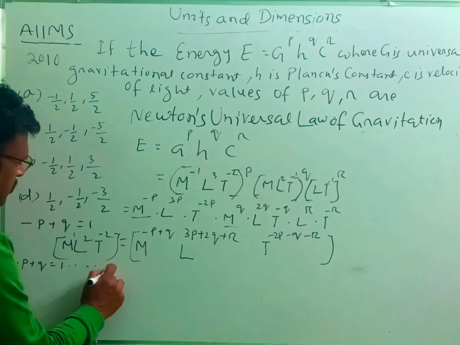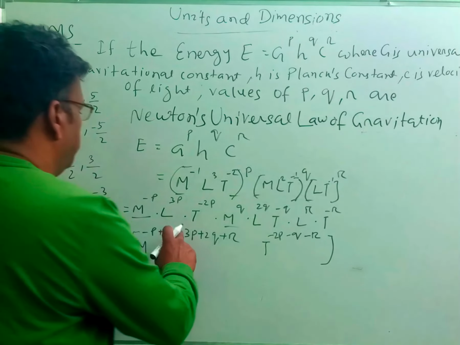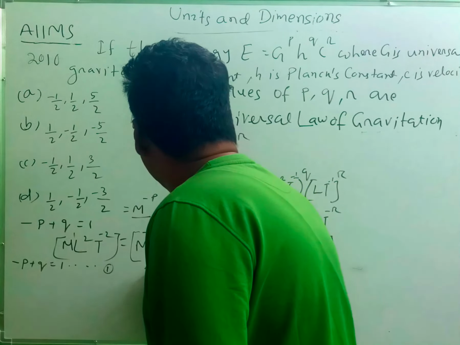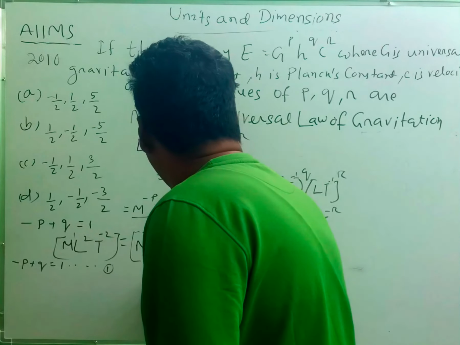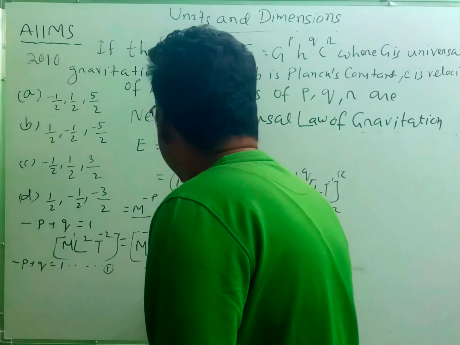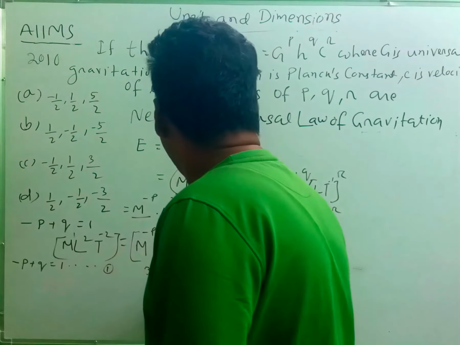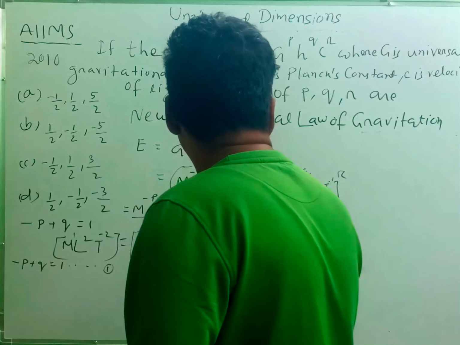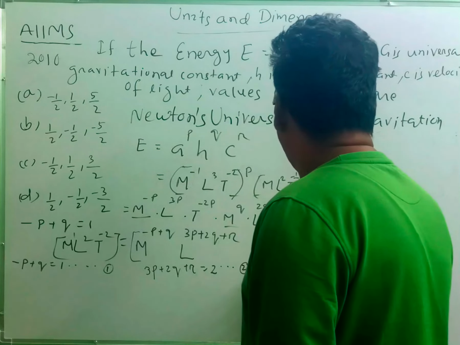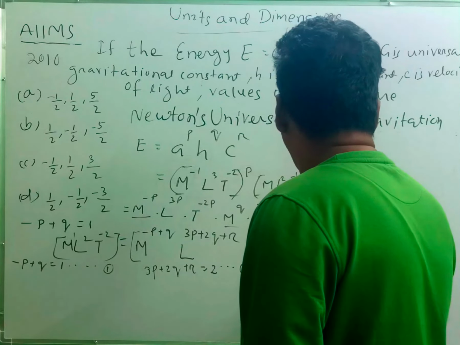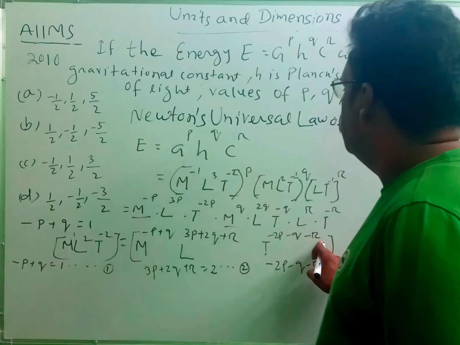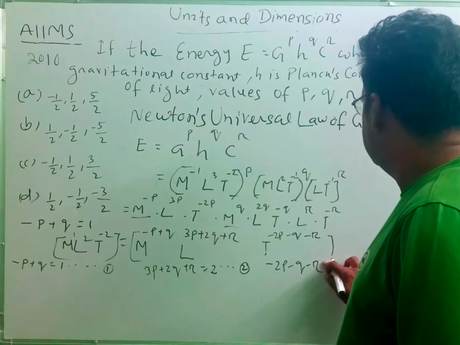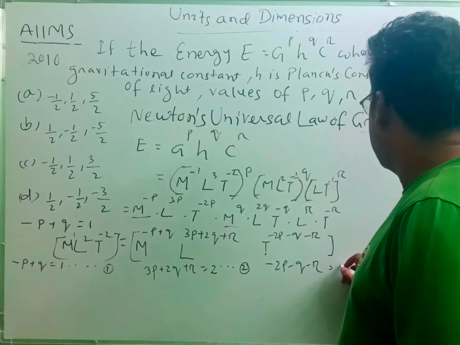So minus p plus q is equal to 1. This is equation 1. For L, the dimension is 3p plus 2q plus r. So student, 3p plus 2q plus r is equal to how much? 2. And this is equation 2. And equation 3 is minus 2p minus q minus r, the dimension of T, and the dimension of T on the left hand side is minus 2.